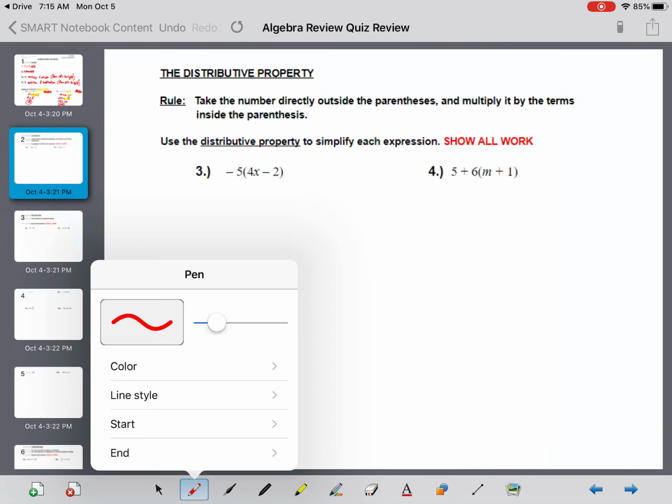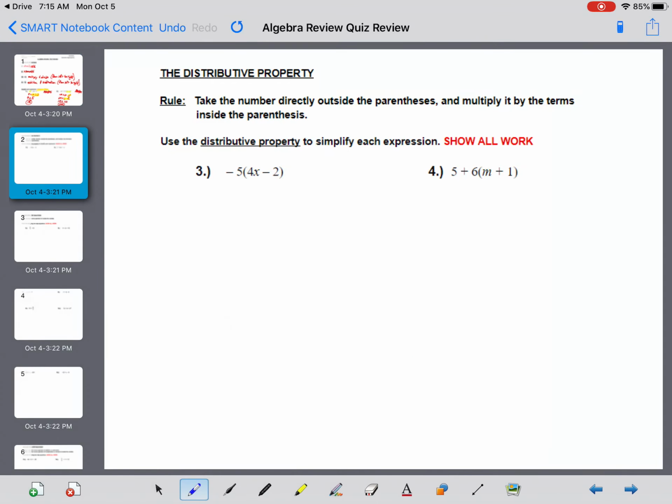Okay, the distributive property. Remember, you take the number that's directly on the outside of parentheses, and you're going to multiply it by the terms inside the parentheses. Little note that I'm going to say is draw your arrows. So negative 5 times 4x and negative 5 times negative 2.